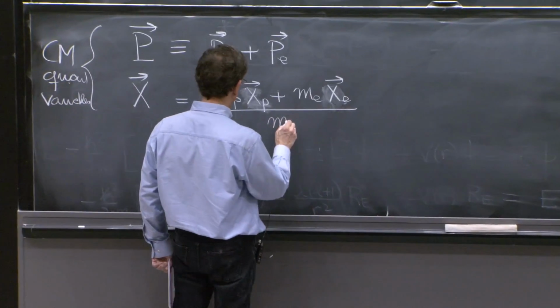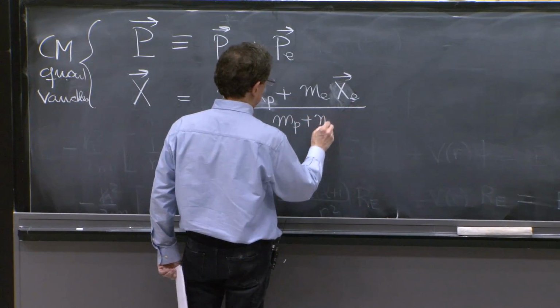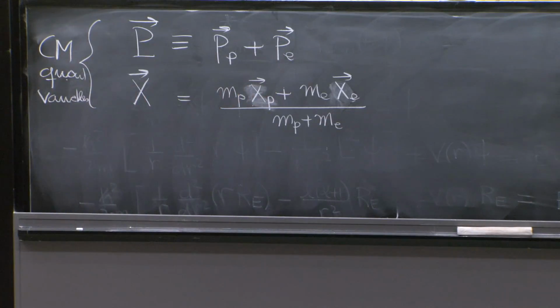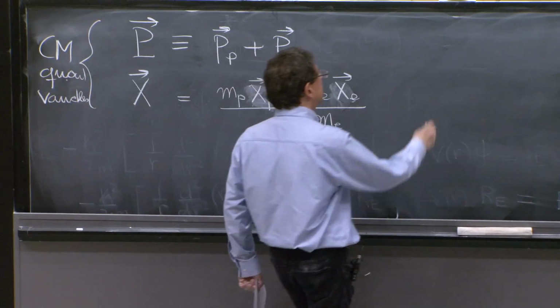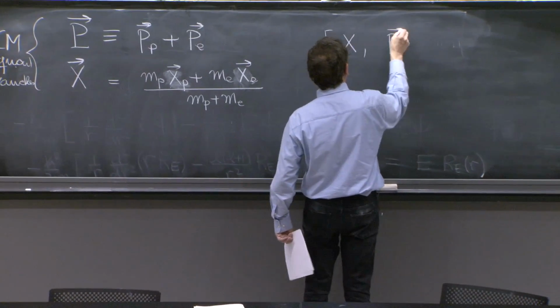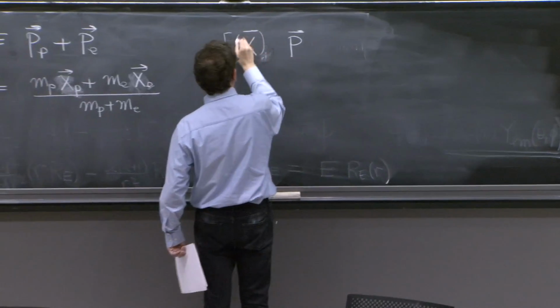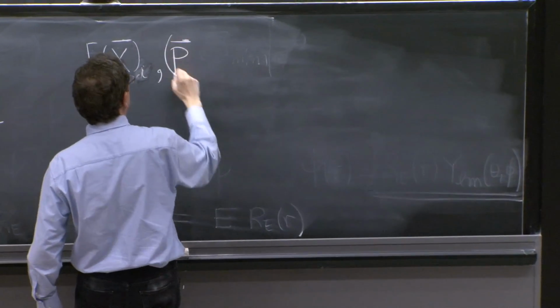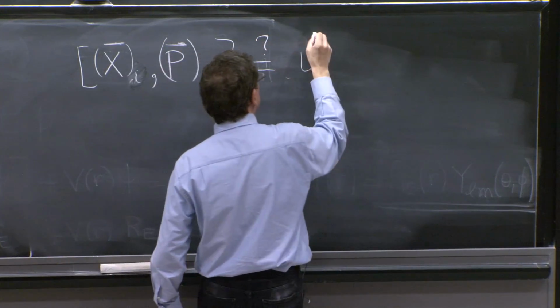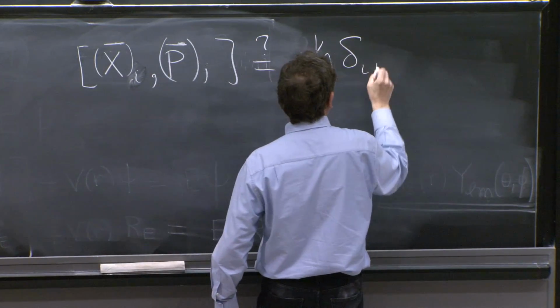That's how you define it anyway in classical mechanics. And now we must ask, is X with P, the ith component and the jth component, is it really equal to i h bar delta ij?